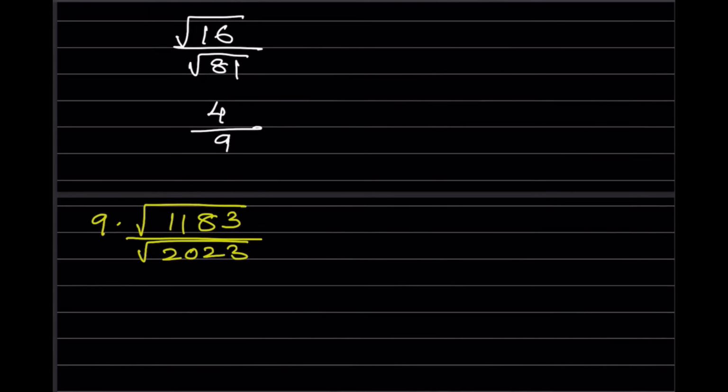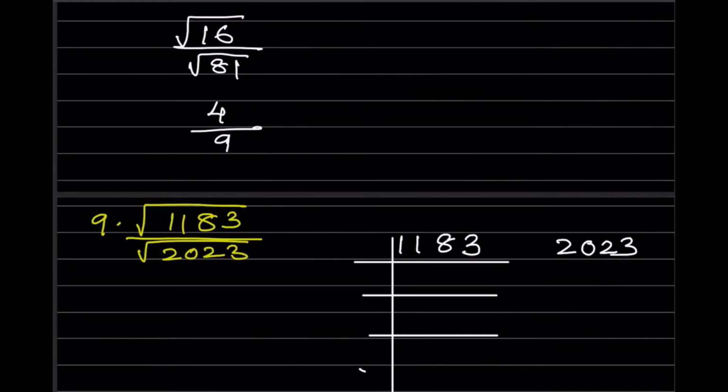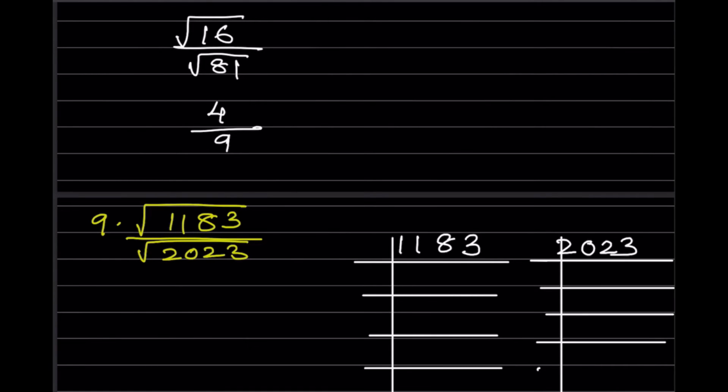Now again we are going to do the same thing. We are going to take the HCF of this one. So now let us take for 1183 and 2023. So now this is possible, this is not possible with 2.